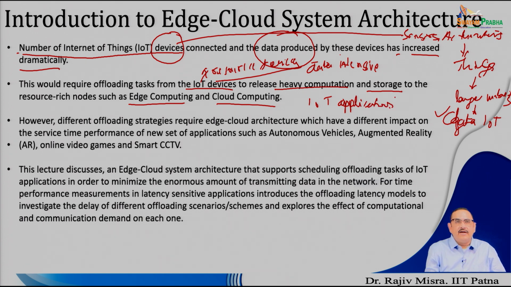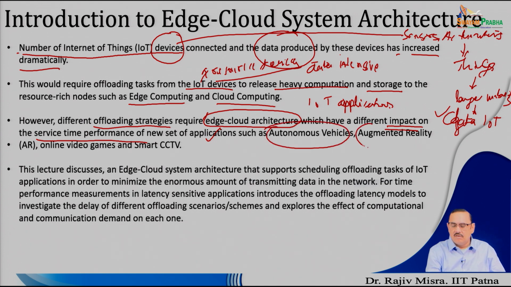However, the different offloading strategies often require a specific architecture of this edge cloud system, and this architecture will have different impacts on the service time performance for supporting new kinds of applications such as autonomous vehicles, augmented reality applications, which are also called AR, VR, online gaming and smart CCTV.